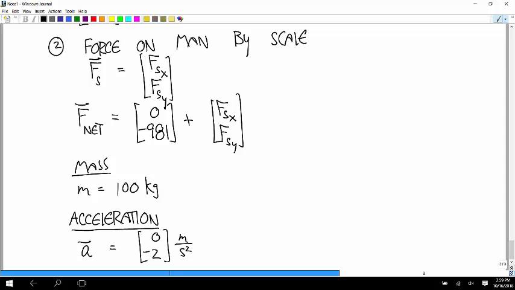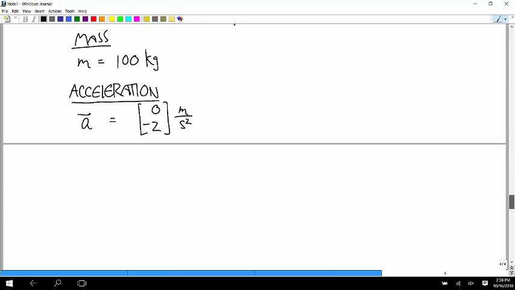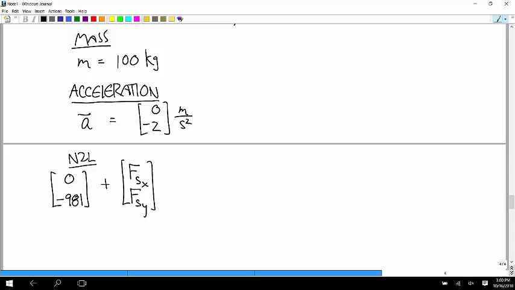And now we just have to put all this together. So Newton's second law says the net force, 0, negative 981 plus Fsx, Fsy is equal to the mass times the acceleration vector.